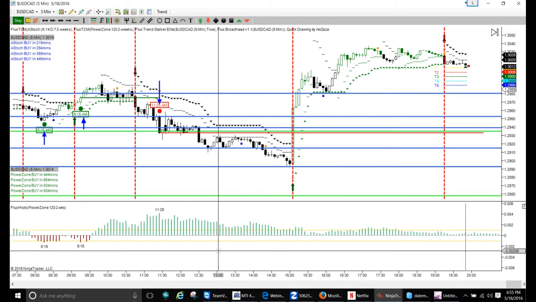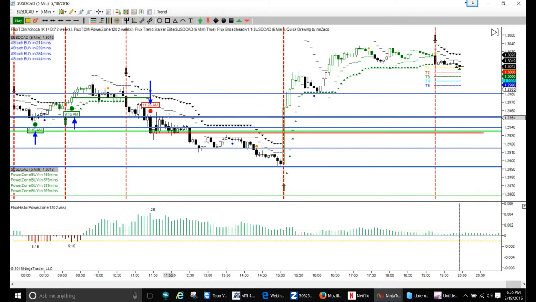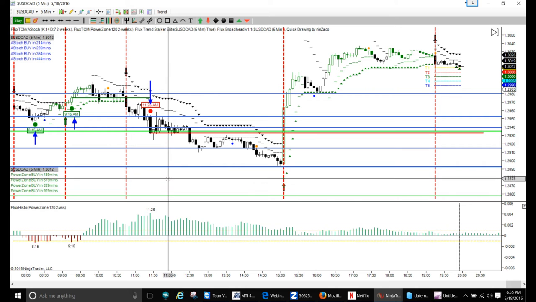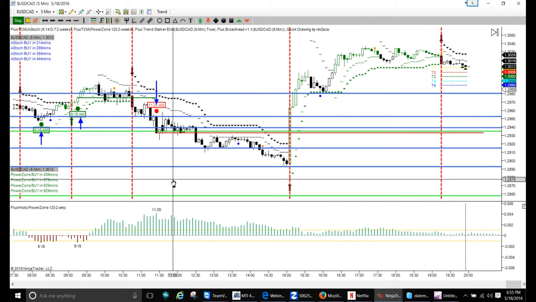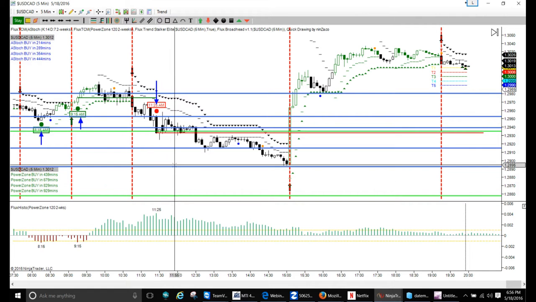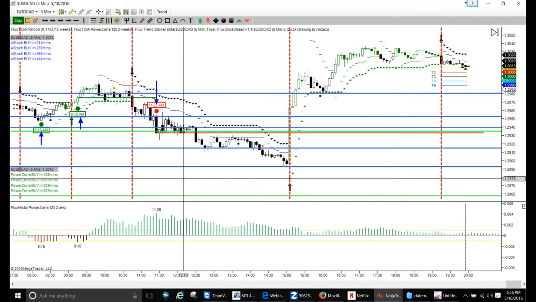These are bank trading times, when the banks and institutions push the market, and it works really well on the U.S. dollar Canadian, the pound JPY, the Australian US dollar. There's more pairs, and the other pairs work as well. You just have to do some modification and more analysis on them, but they work really well.